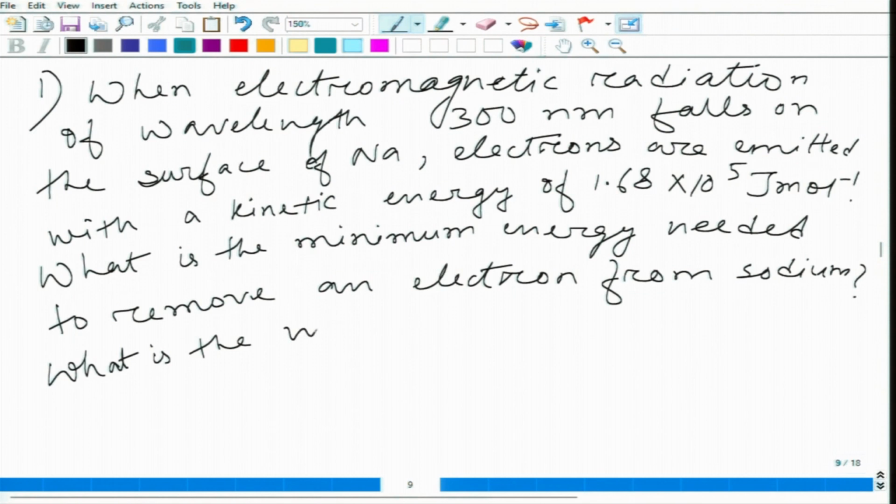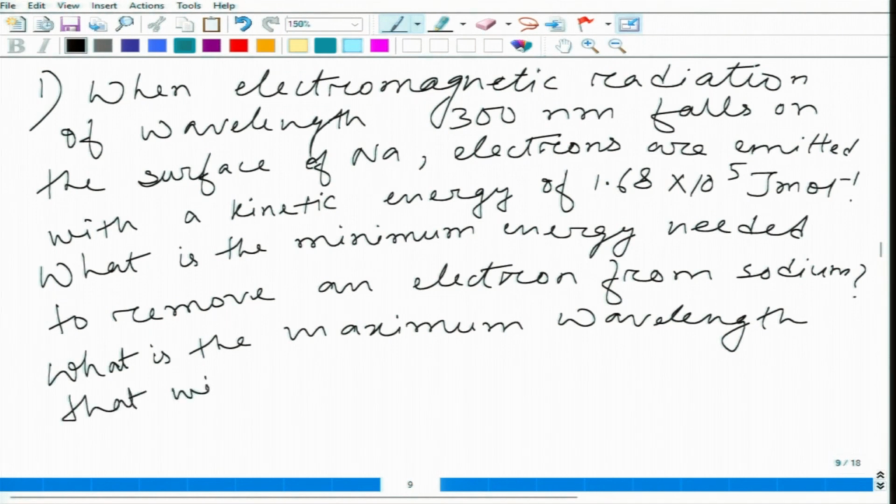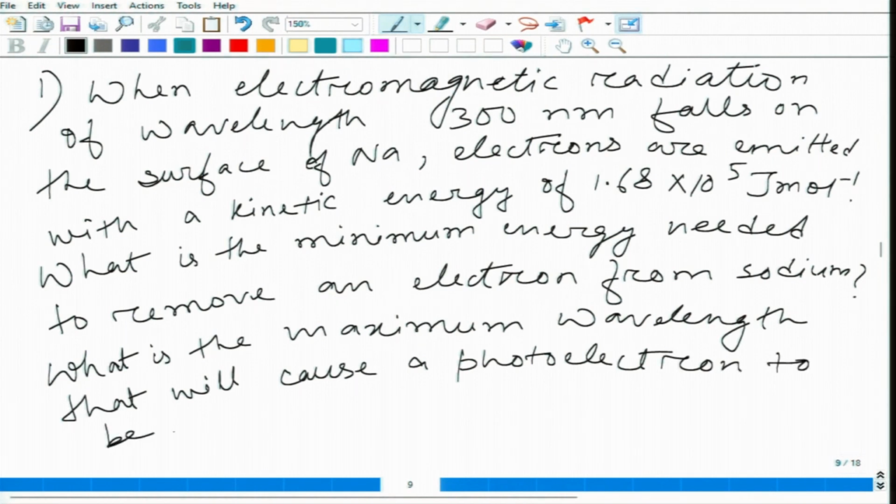What is the maximum wavelength that will cause a photoelectron to be emitted? So these are the questions.